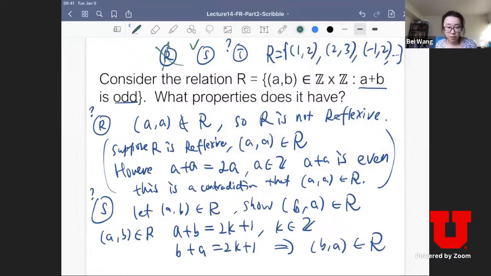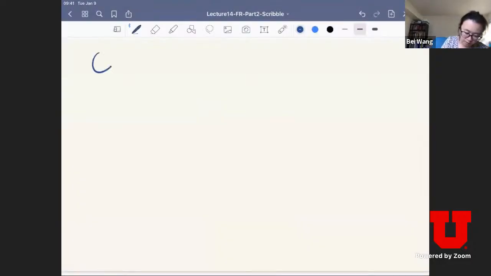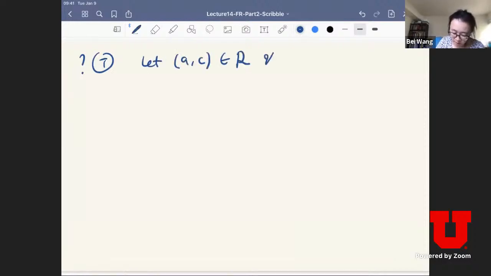And finally, we want to ask, is this relation transitive? Okay, so again, I'm going to add an extra page. So is this relation transitive? Let's say we have (A, B) in the relation and (B, C) in the relation.